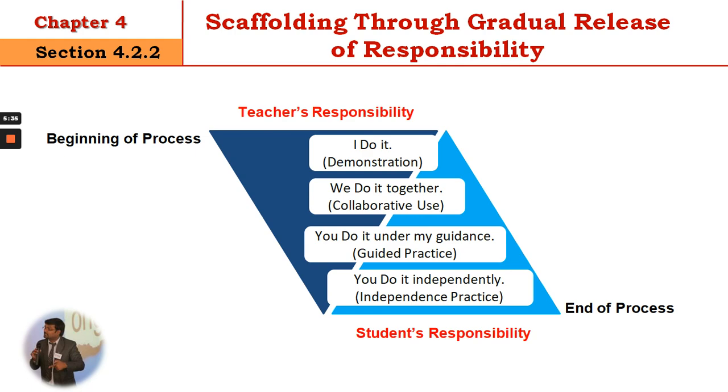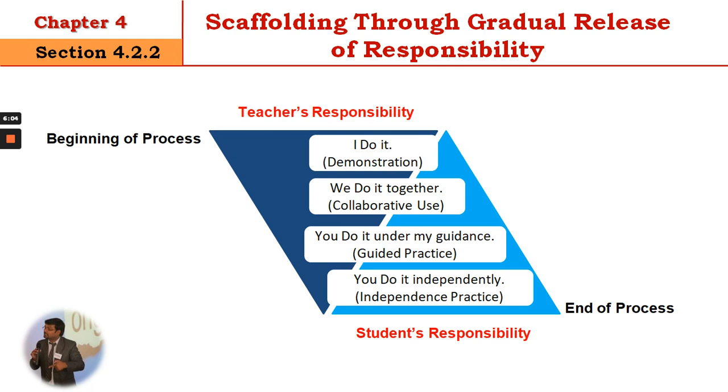And the fourth stage is where the child does it completely independently. So there is no intervention, no guidance, no support provided by the teacher. Here the independent practice of the activity, task or skill is done by the student himself or herself. So towards the end of the process, the responsibility is released by the teacher and received by the students.